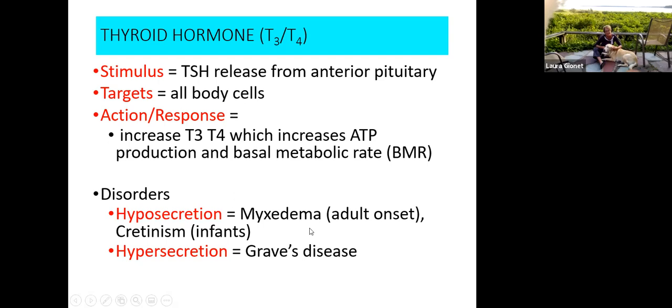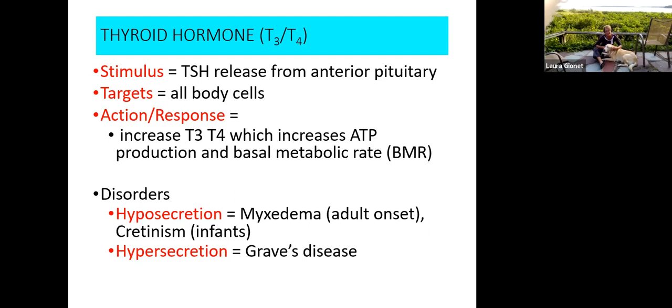Both myxedema and Graves' disease are what's called autoimmune disorders, which means that, we were talking about immunity. We talked about the different antibodies and how normally we do not produce antibodies to our own body cells because we should have the right MHC complexes, those MHC1s on the surface of the cell, so that your white blood cells can correctly identify self cells versus invading cells or invading organisms.